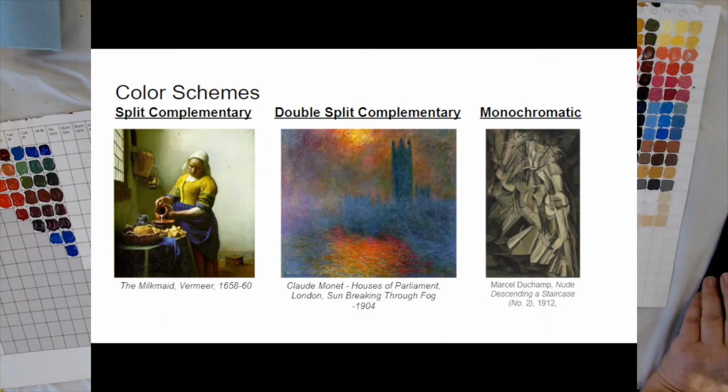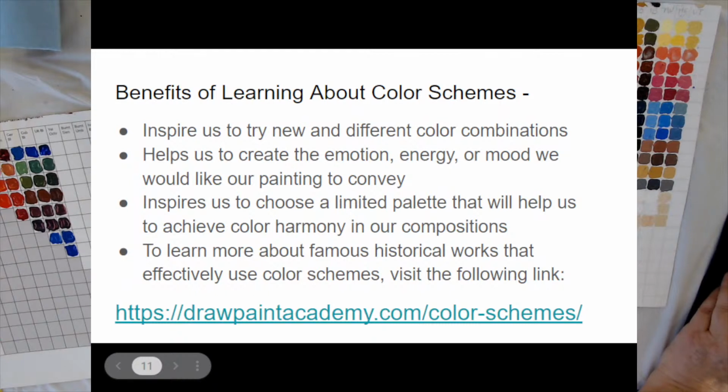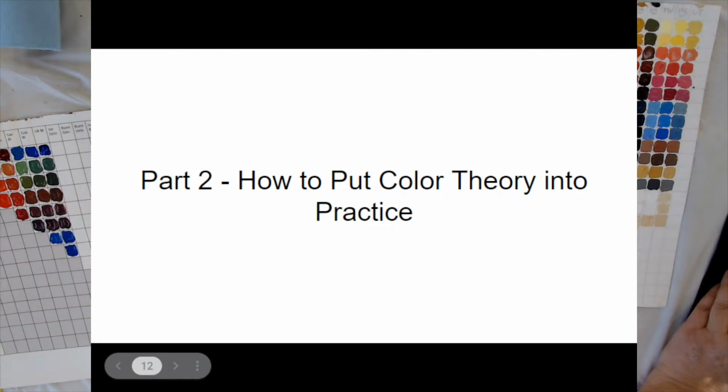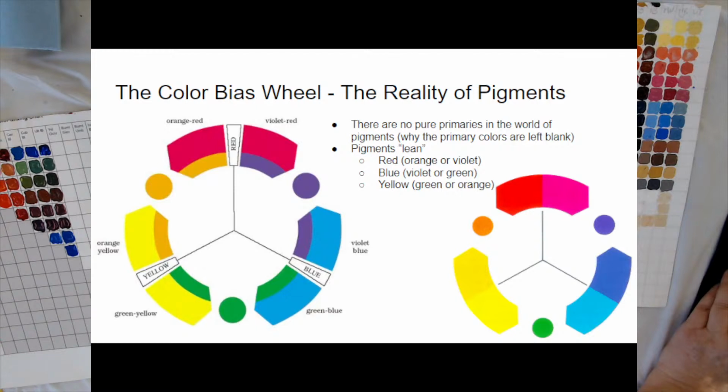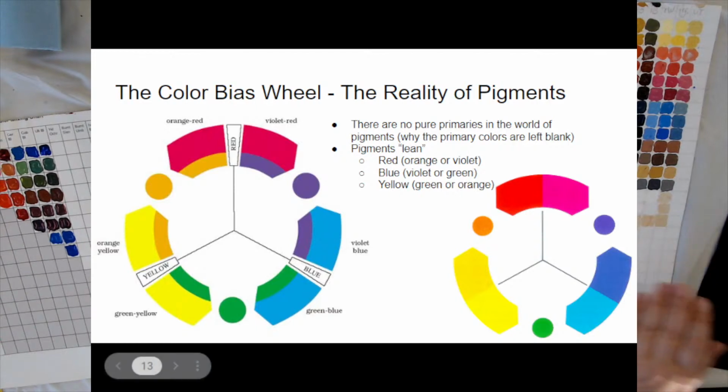Here are some examples from art history of those. We went through the benefits of learning about color schemes, and we began with how to put the theory into practice, with what's called the color bias wheel.